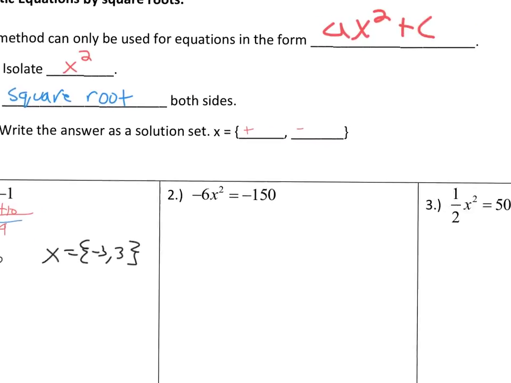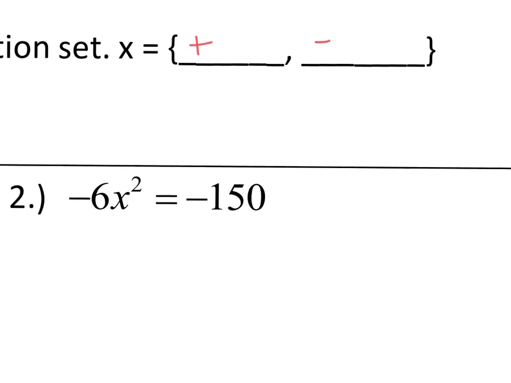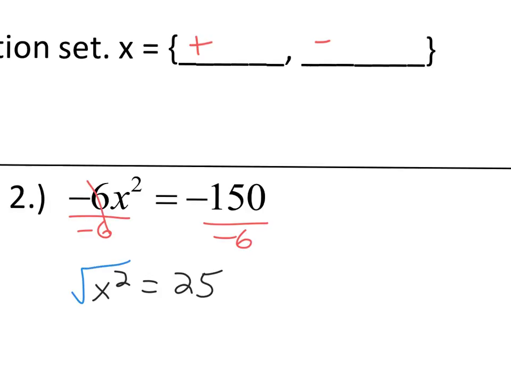All right. Number 2 here, we are going to divide by negative 6 on both sides. So that's going to isolate x squared, which is equal to negative 150 divided by negative 6. That's going to give you positive 25. And now go to the next step and take the square root of both sides.